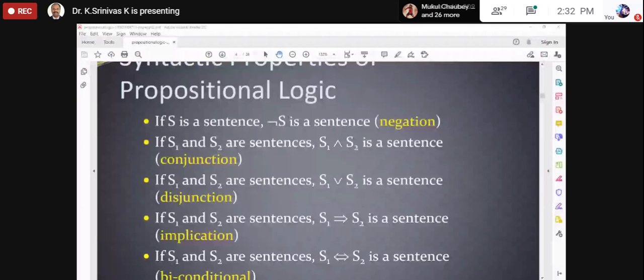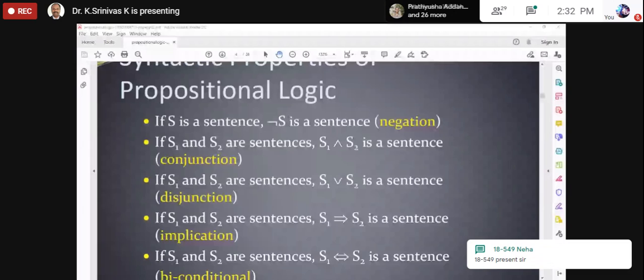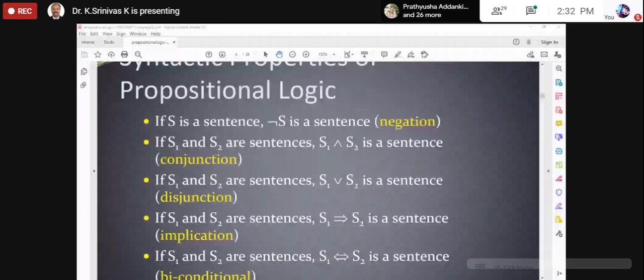Sir, 516 Adarsh present, sir. Present. Shyamala 546, present, sir. N6, Shruti, present, sir. Niklesh L7.